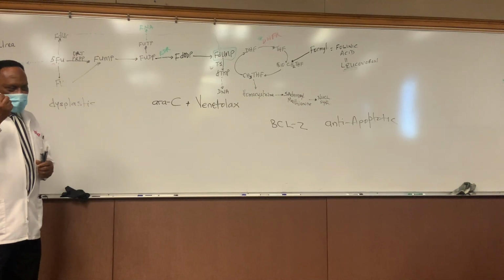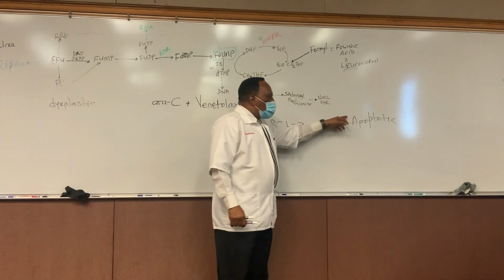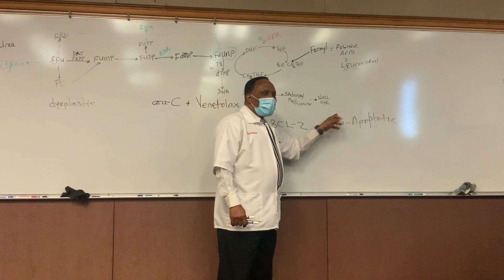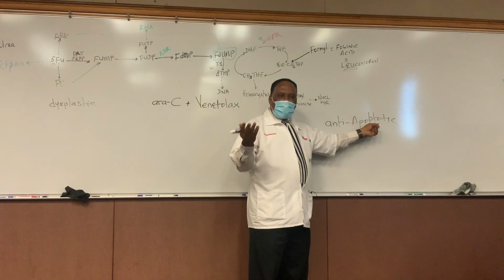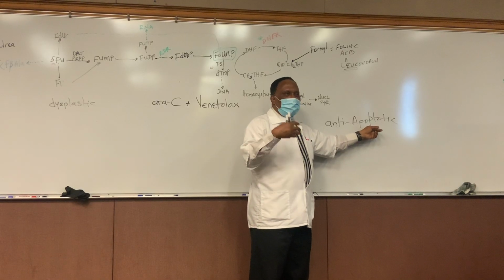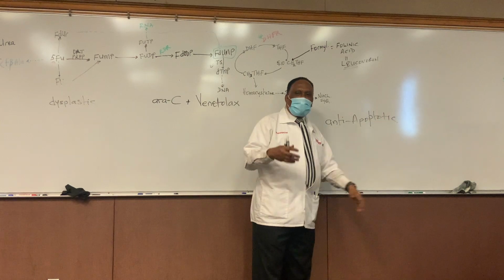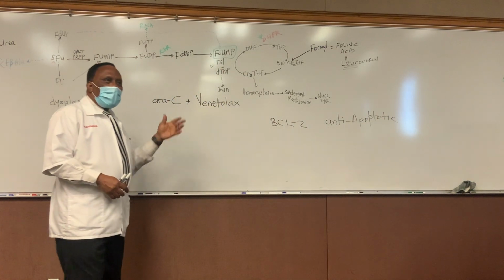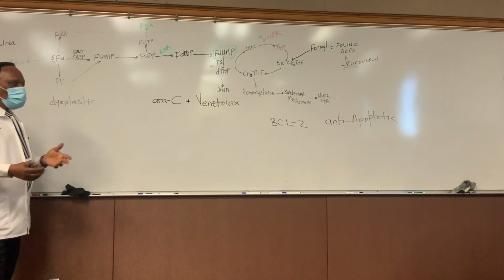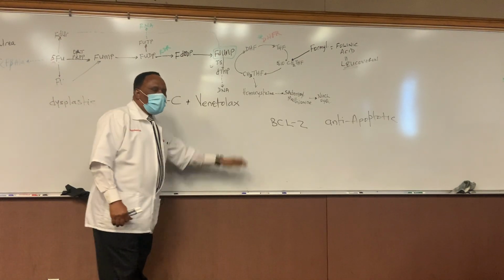So it's like a little protein. And of course, if you inhibit the antagonist, then you will have what? More apoptosis, programmed cell death. So the cancer cells will die, basically, if you inhibit BCL2. And that's what venetoclax does.